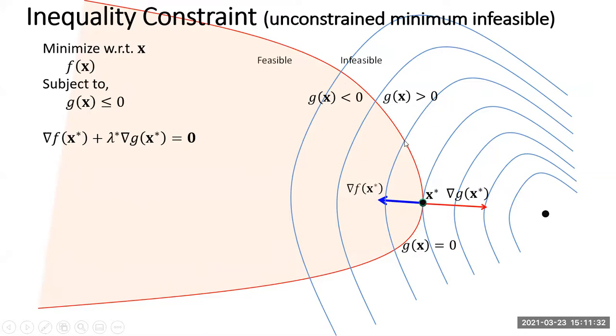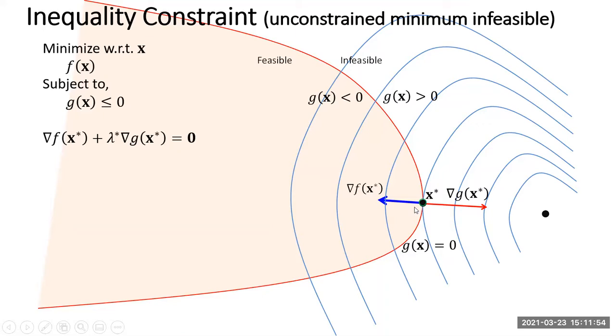And this red curve here is g of x equal to 0. And now this is x star, the constrained optimum.